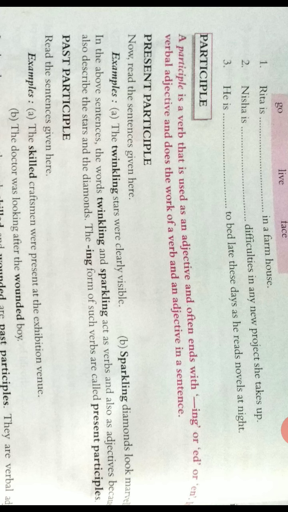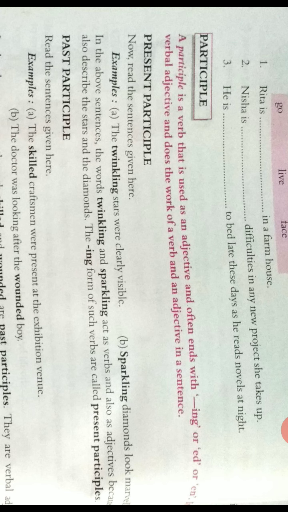Now, what is a present participle? The twinkling stars were clearly visible. This is the example that I have read out. Now here, as I said, a participle is used as an adjective. So here the word twinkling is a present participle as it has ing, and it is telling something about the noun, which is the definition of an adjective.